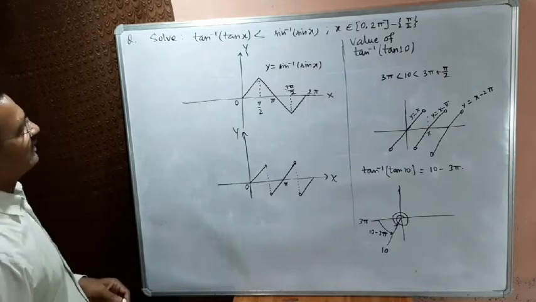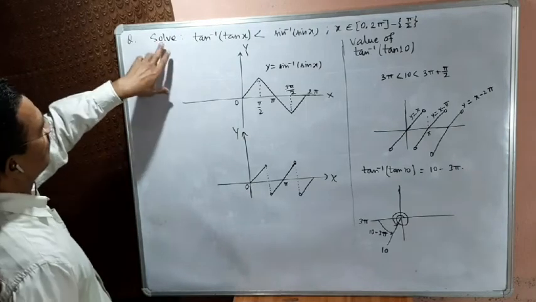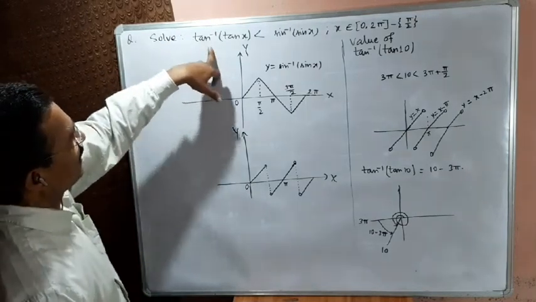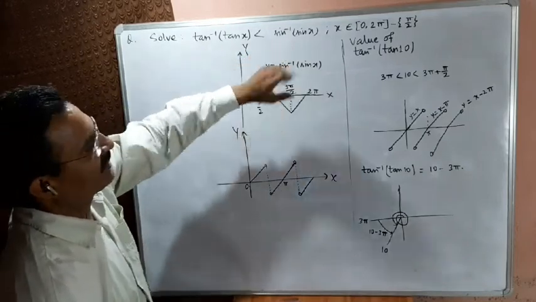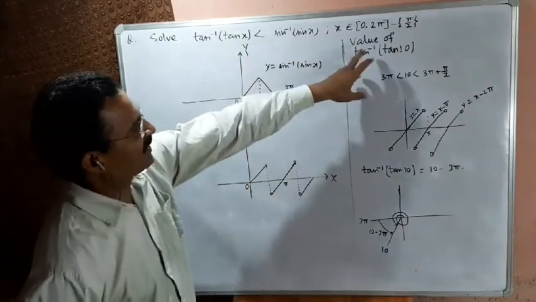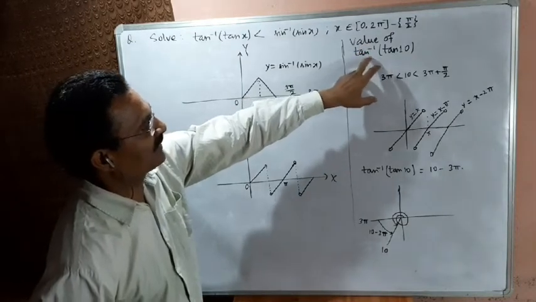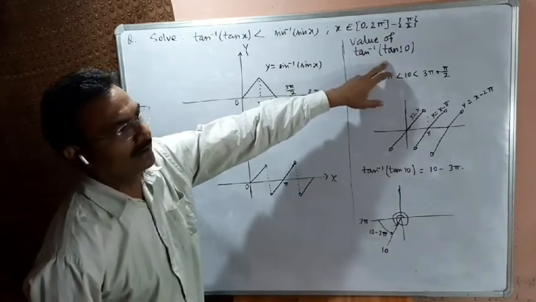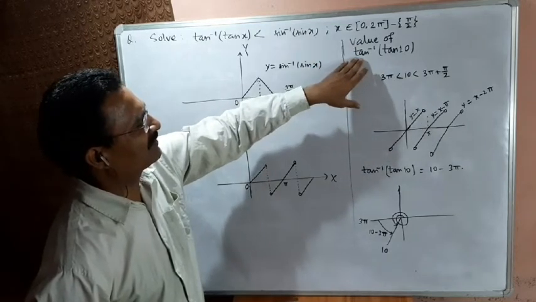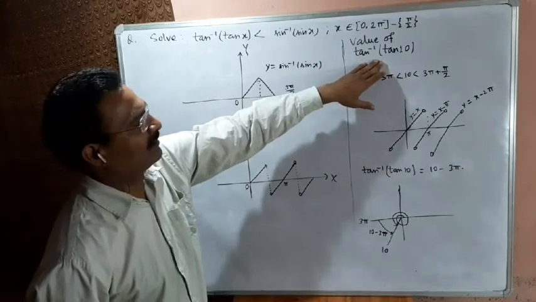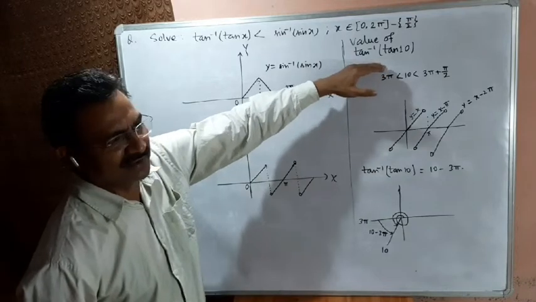I have taken two questions. First, we have to solve an inequality. You are seeing tan inverse of tan x less than sin inverse of sin x. And next we have to find the value of tan inverse of tan of a number. There could be other functions like sin inverse of sin, sec inverse of sec, etc.